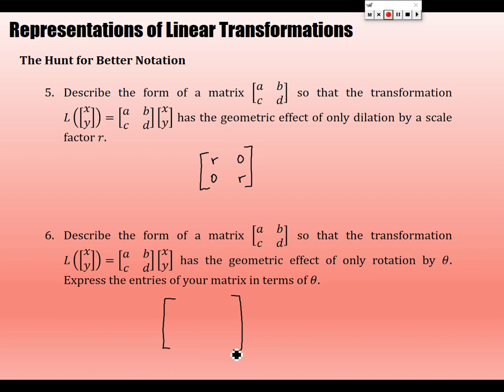What's B? In terms of theta. What's A, again, if you don't have dilation? If all we do is rotate the point, what are A and B in terms of theta?